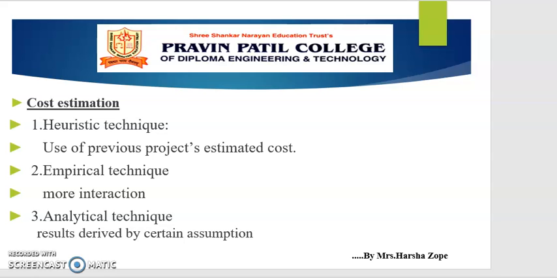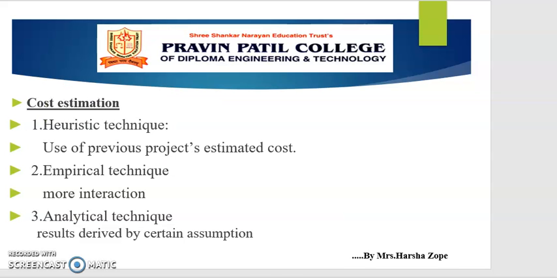In heuristic technique, previous project estimated cost is used. In empirical technique, there is more interaction. Then, in analytical technique, results are derived by certain assumptions. These are the key factors. Then let's start with a detailed study.